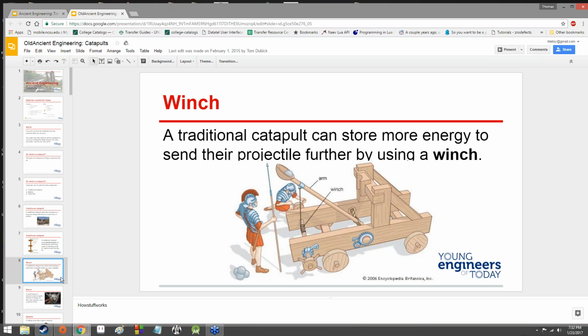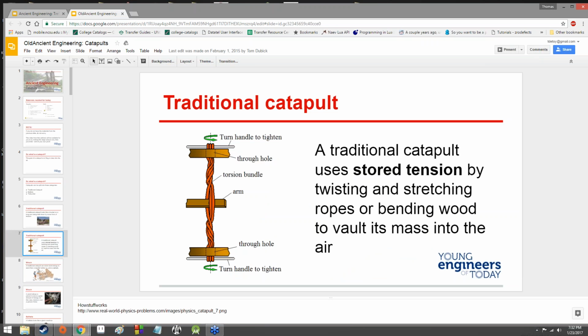So yeah, a traditional catapult can store more energy to send its projectile further by using a winch. So in this particular one, as you can see, turn the handle to tighten. At some point, you're not going to be able to make a catapult any stronger because people aren't going to be strong enough to arm the catapult. It's going to be too difficult.